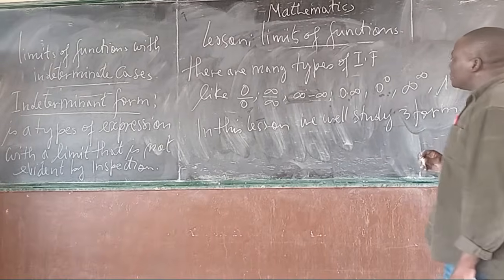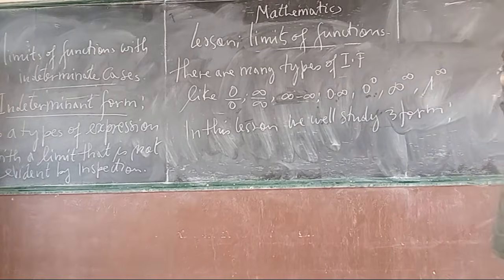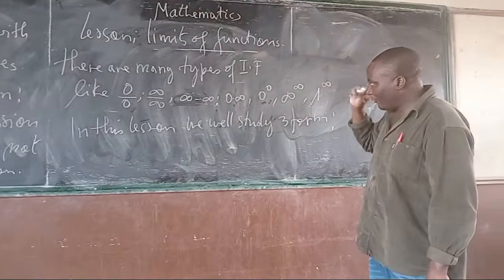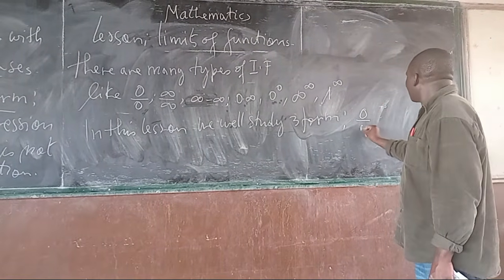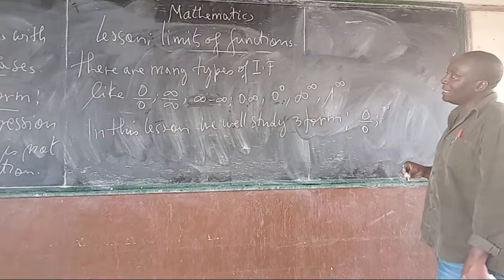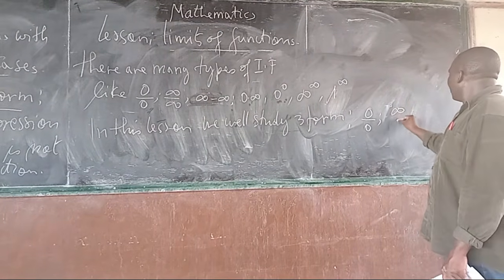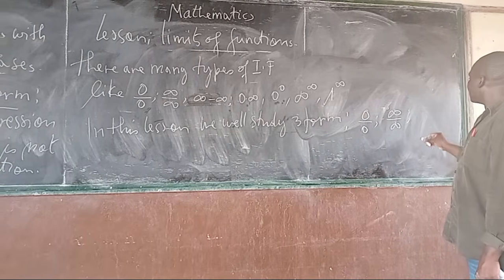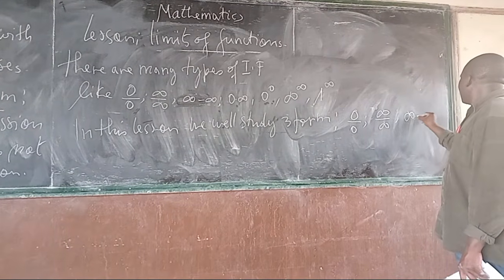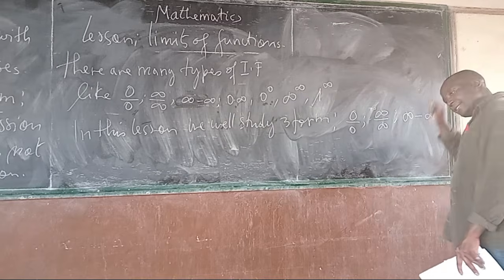We are going to discuss the limits involving 3 forms. The limit of a function involving 0 out of 0. After this one, the limit of a function involving infinity out of infinity. The last one, the limit of a function involving infinity minus infinity.